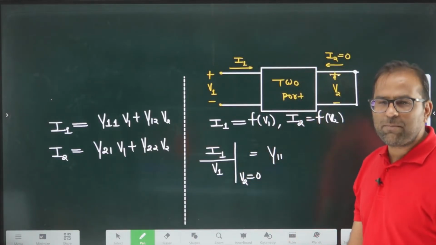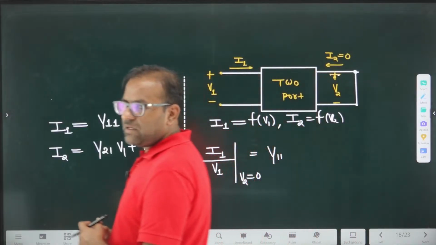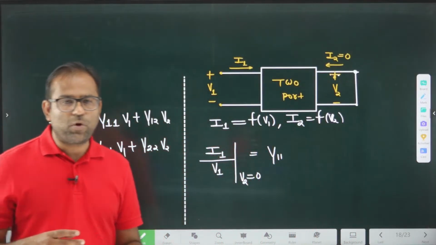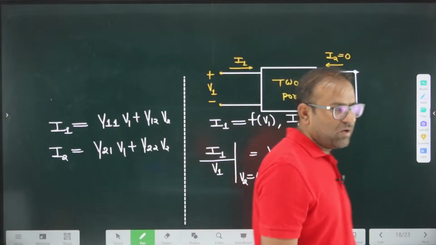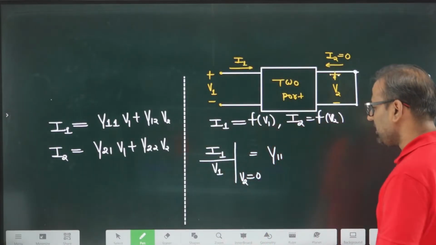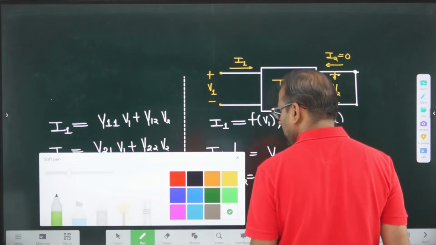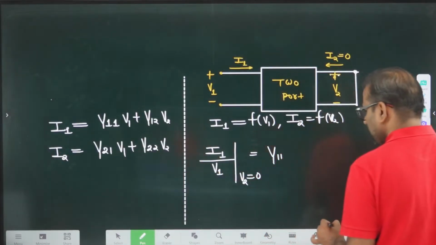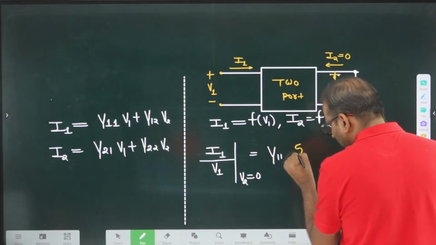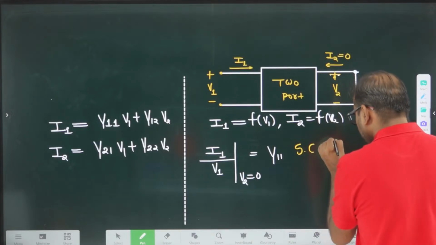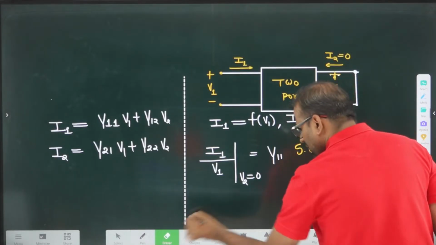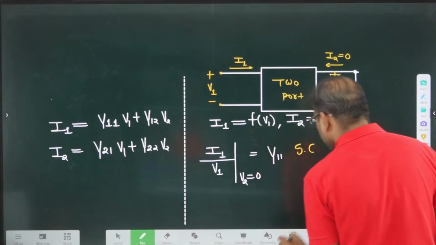And what is the name of Y11? We can call Y11 as driving point admittance when V2 equal to 0, or when output port is short circuited. So we can call it short circuited input impedance.